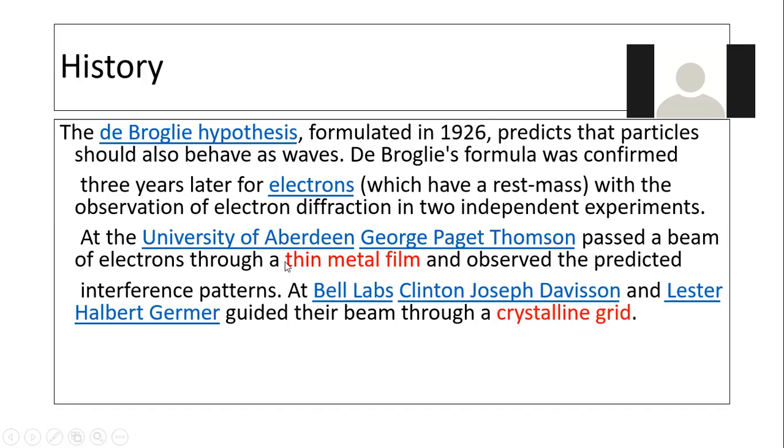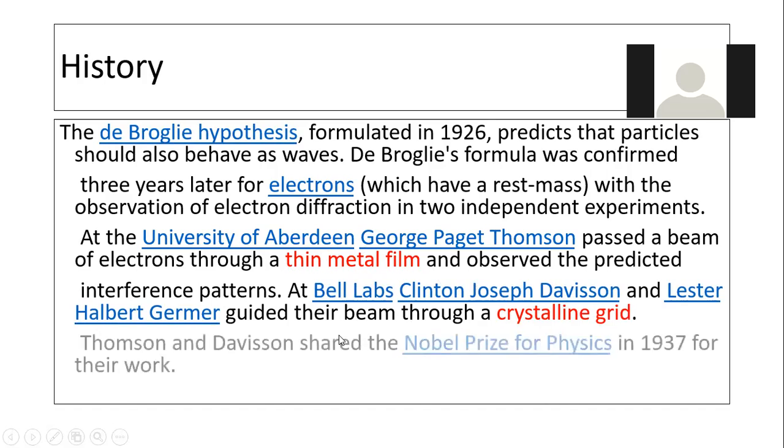So you can either pass it through a thin metal film or a crystal grid. Basically, thin film is much thinner than the crystal. Both Thomson and Davisson shared the Nobel Prize for Physics in 1937 for their work. This is just extra information for you.